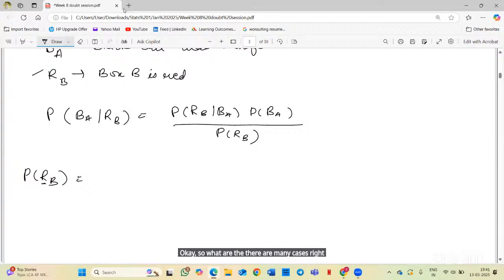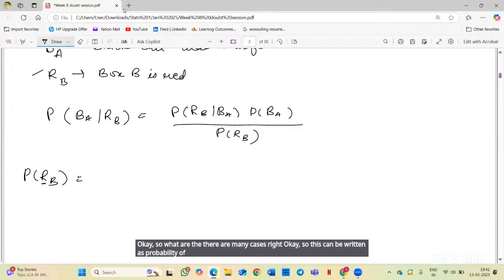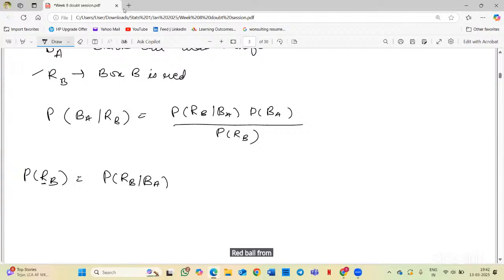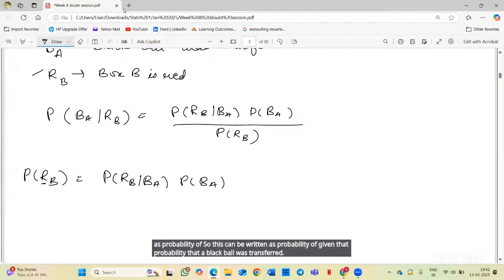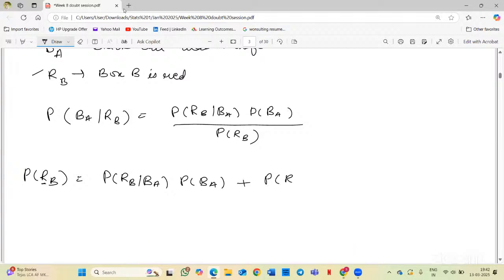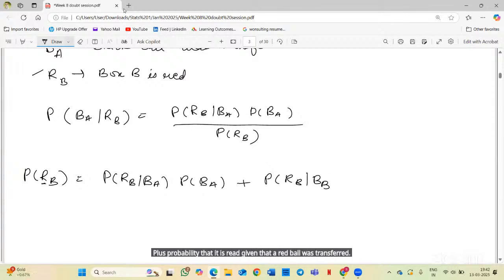So this can be written as the probability that it is red given that a black ball was transferred, plus the probability that it is red given that a red ball was transferred. Right?